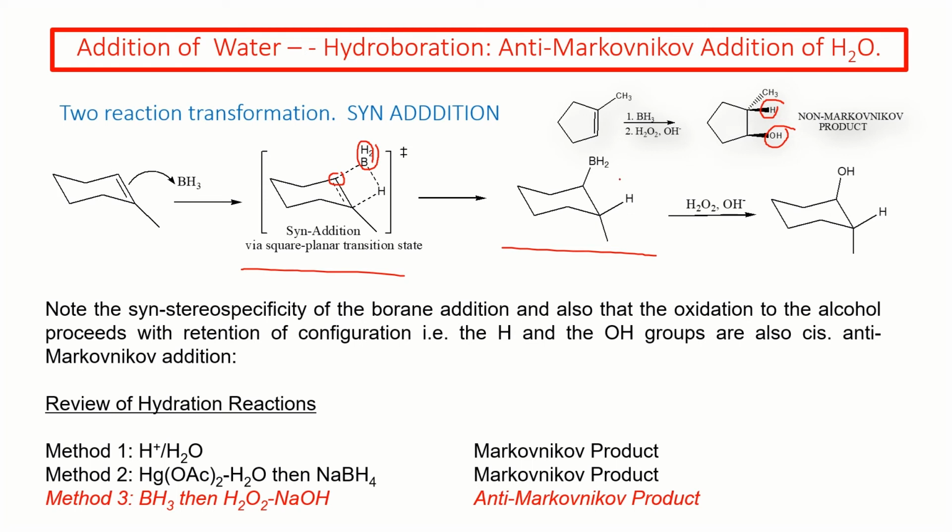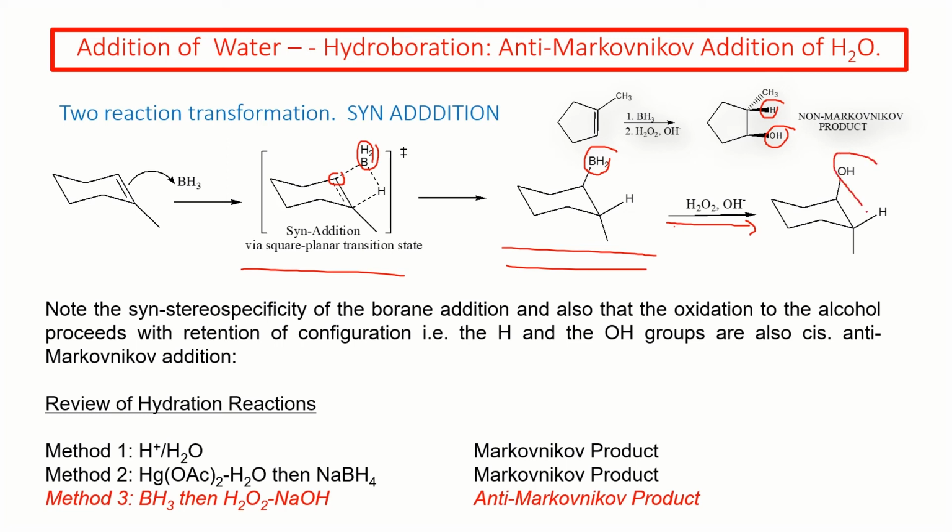But like the previous example, we cannot leave this boron species to generate the desired product. Then, of course, we react this compound with basic peroxide, and that OH minus will substitute the boron to realize our alcohol.